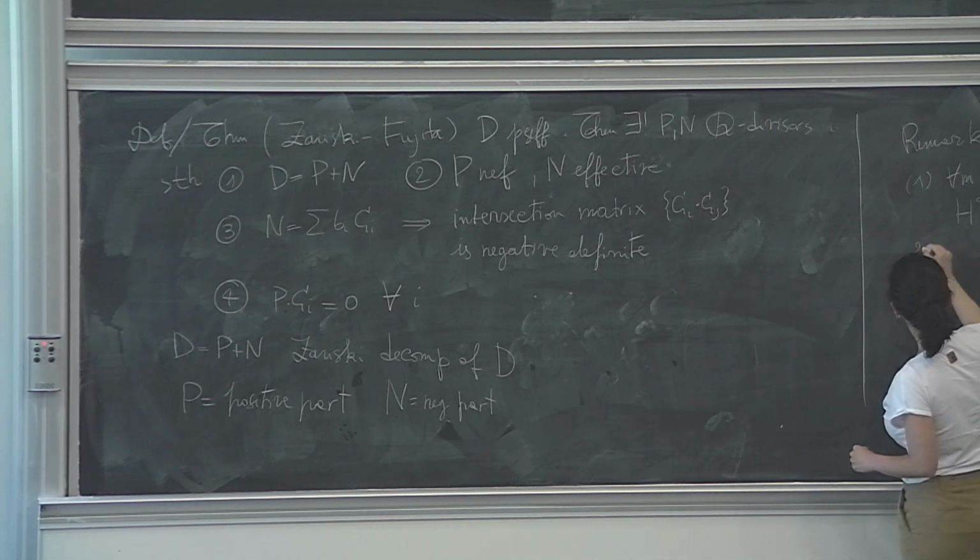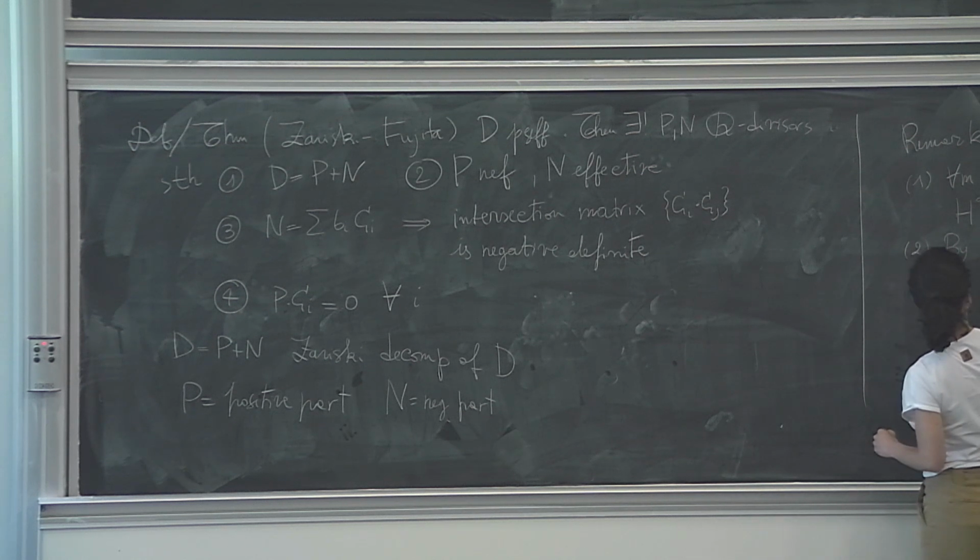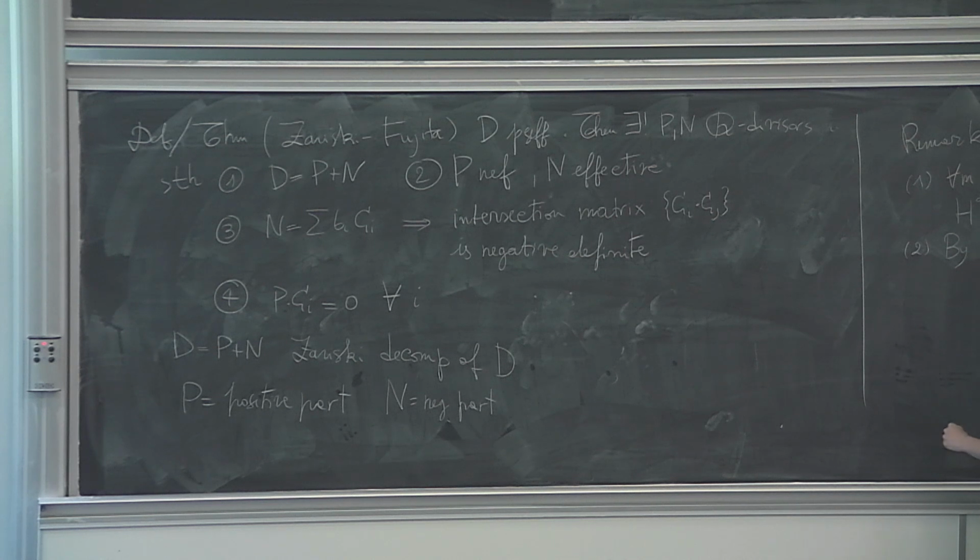And then 2, by Grauert criterion, the support of N can be contracted.